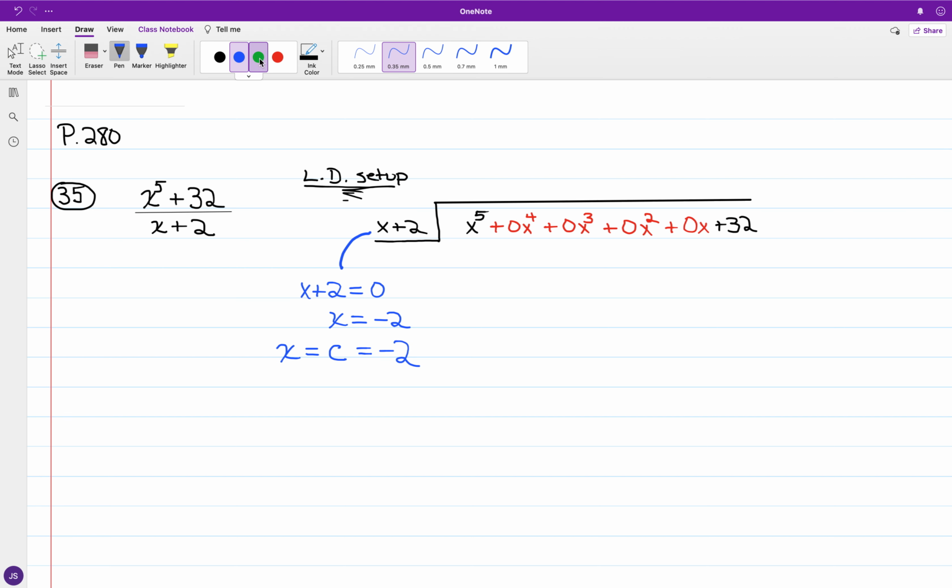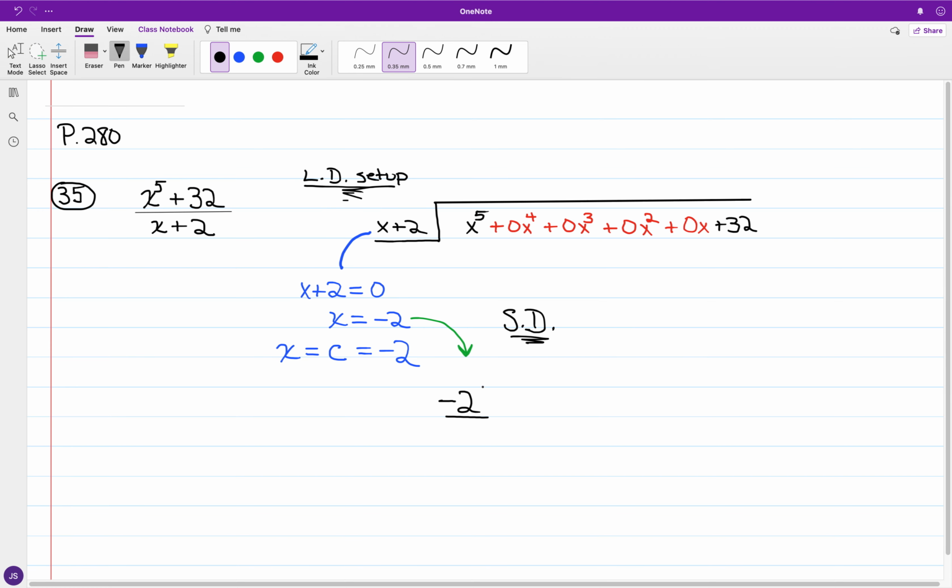Now, going from the long division to the synthetic division setup, and following through with performing synthetic division, we have negative 2 isolated. On the other side of the vertical partition, we have the coefficients of the dividend.